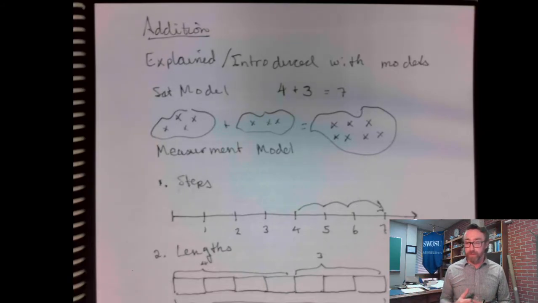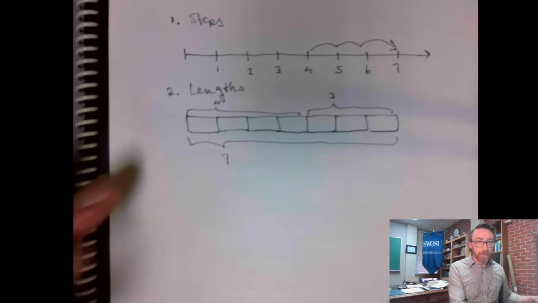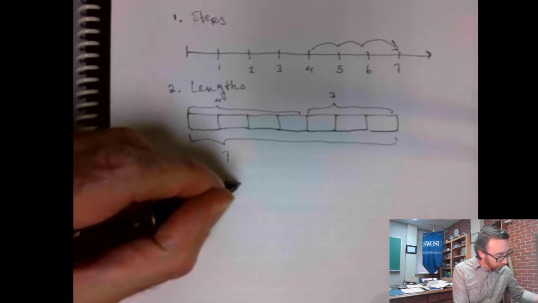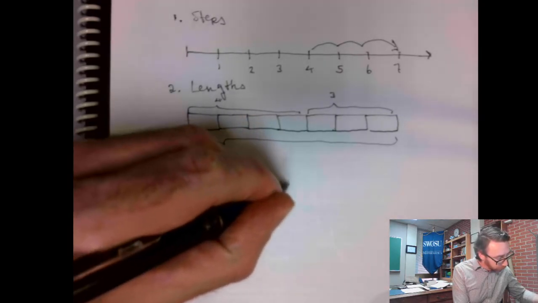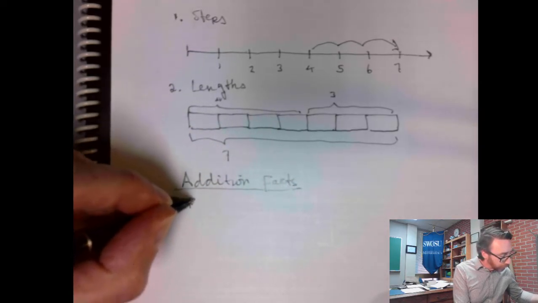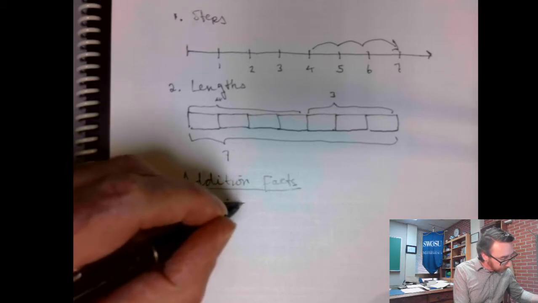And the goal is to get down addition facts. So in other words, they need to learn these things here. So certainly the students would need to learn the meaning of addition.